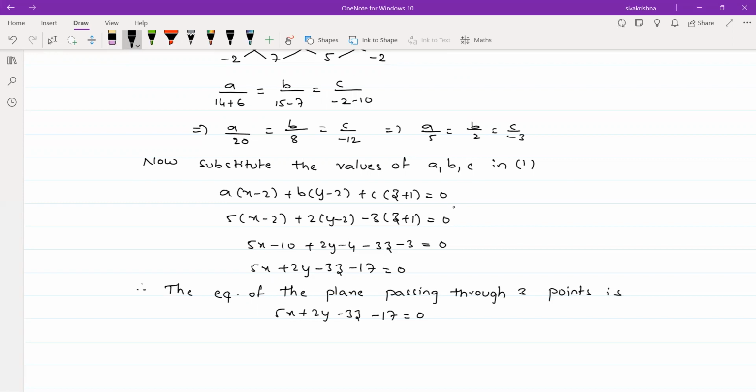Okay, so we can find the equation of the plane passing through 3 points either by using the formula we discussed in our previous class, or by the formula we discussed in today's class. Okay, thank you.